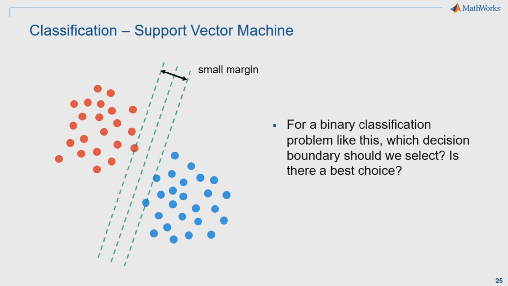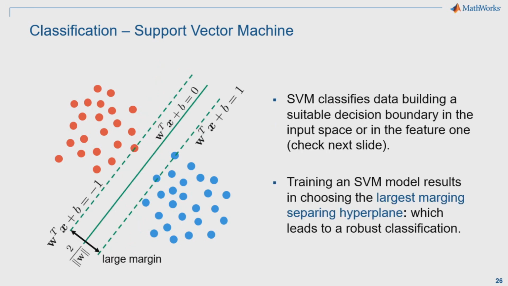Another classifier that I want to talk about today is the support vector machine. The support vector machine, which is originally used for binary classification, aims to respond to the question: is there a best way to partition these two classes? Is there a way to find a decision boundary which is the most suitable to divide these two classes? The answer is yes.